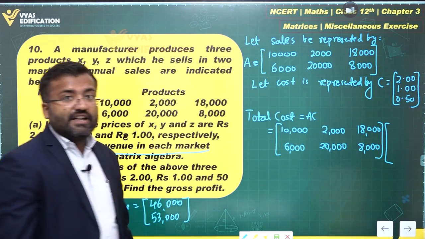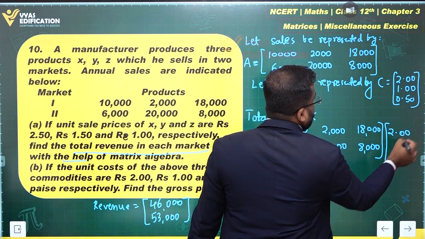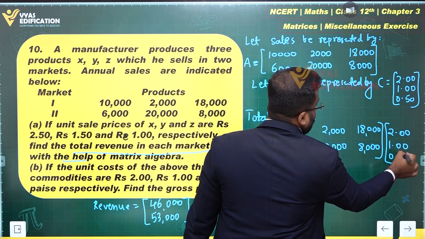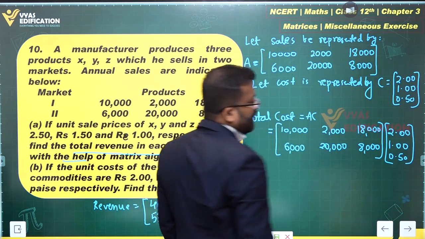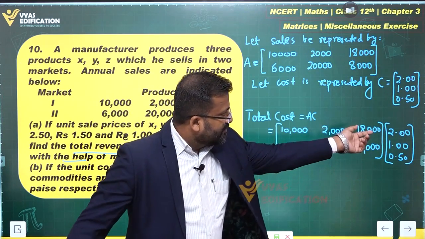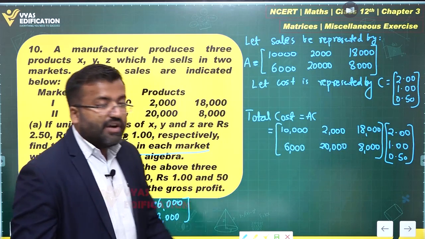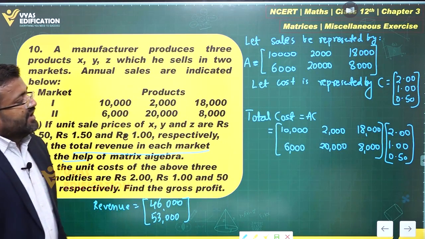The cost involved in preparing these products is 2, 1.00, 0.50 respectively for the three types of products X, Y and Z, right? So product X is prepared at 2 rupees, Y at 1 rupee and Z at 50 paisa, as you can see.